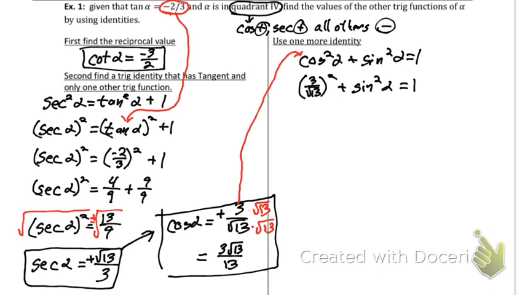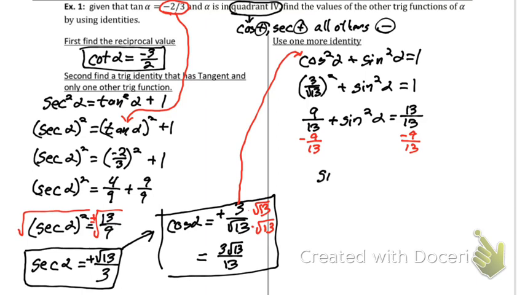All right, now we square it, so I'll have 9 over 13 plus sine squared alpha equals, I'm going to change that 1 to a 13 over 13. Because our next step is to subtract 9 over 13 from both sides.